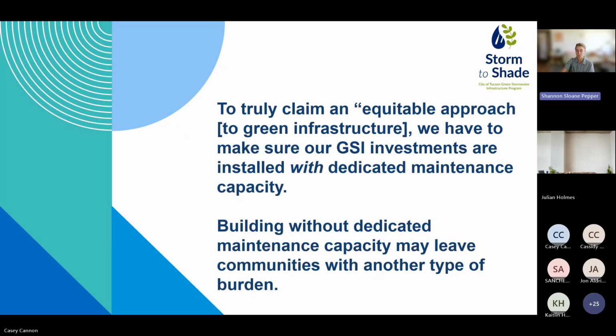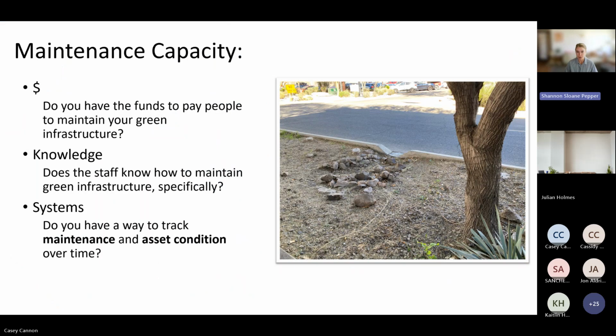Next slide. So for those managing green infrastructure, what does maintenance capacity mean? There are green infrastructure programs that lean on community members volunteering to maintain green infrastructure. I would say that this is not free maintenance exactly. Green infrastructure does require someone with specialized knowledge to make sure that it's properly maintained and repaired.